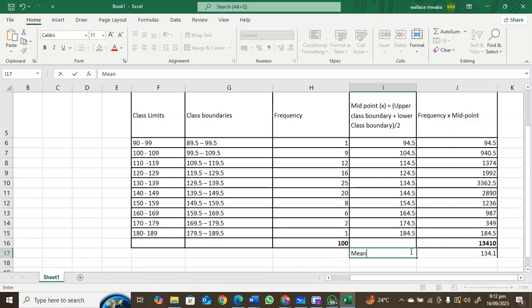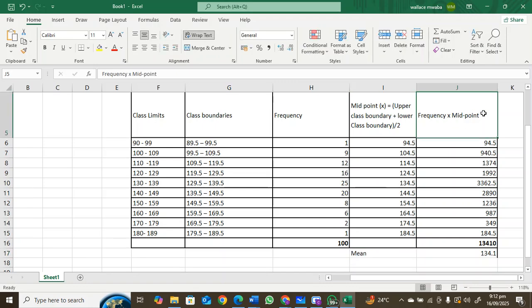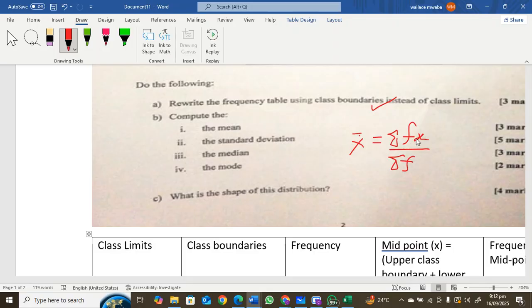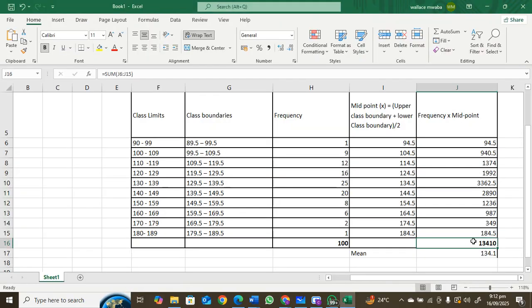It is given as sigma fx divided by sigma f. So 13,410 divided by 100, you get 134.1. That is our mean.